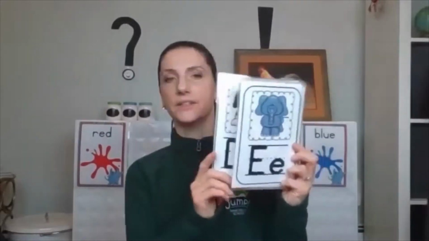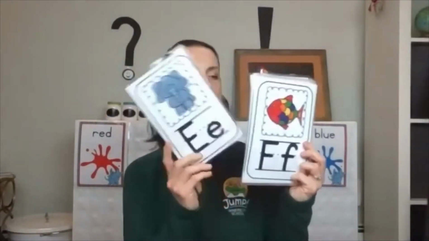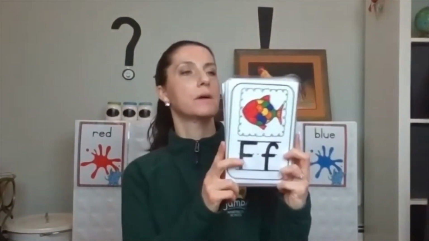I know the letter A says A and A. I know the letter B says B, B, B. I know the letter C says K, K, K. I know my alphabet. I know the letter D says D, D, D. I know the letter E says E and F. I know the letter F says F, F. I know my alphabet.